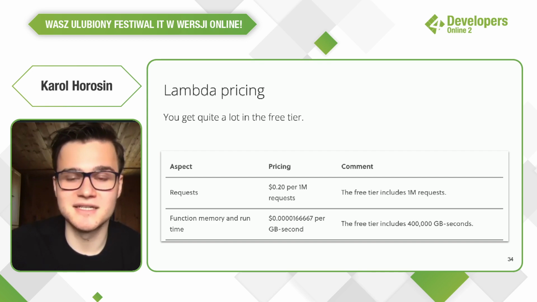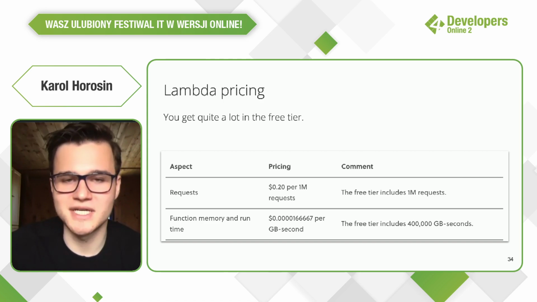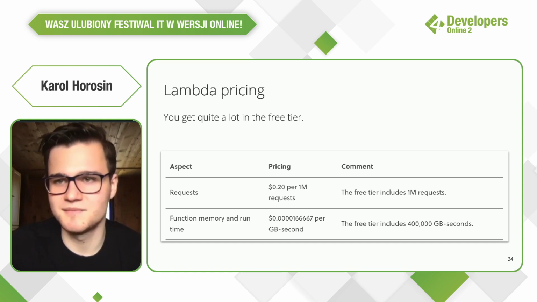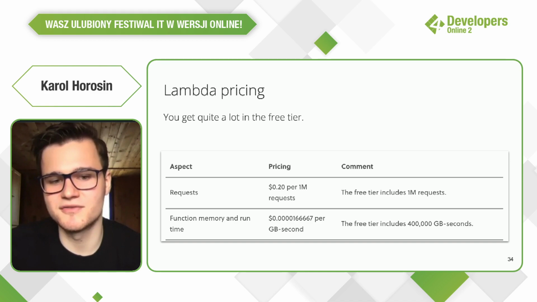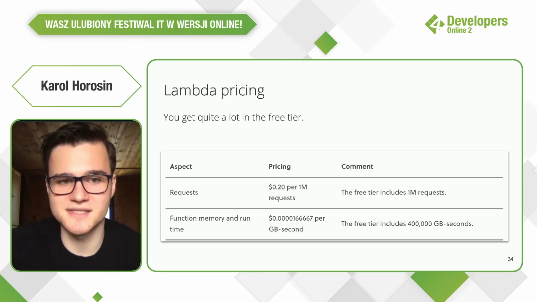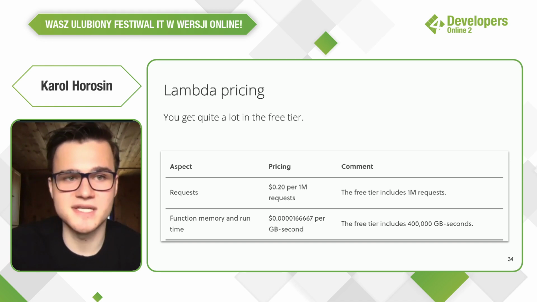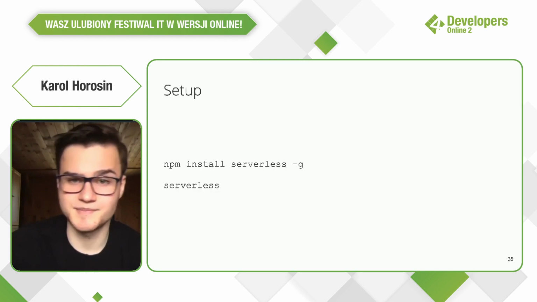You can get quite overboard with that, so it's important to set up timeouts, so you don't have a continuous loop running all the time, or some rate limiting. But I think the pricing is fair here. It will be cheaper for a really large application to maintain a server, but the ease of use and the speed of development, for me, are unbeatable.